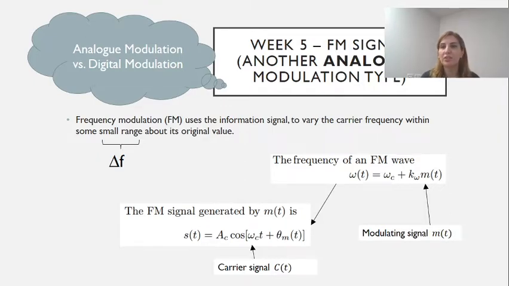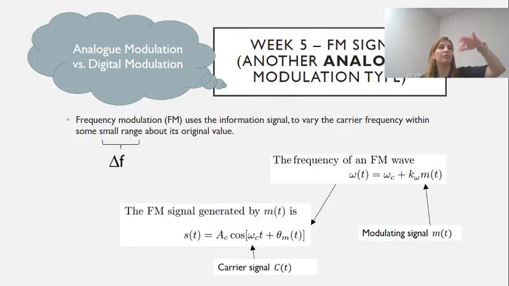Now, the definition of frequency modulation, FM, says that the information signal varies the carrier signal within a small range above the original value. So when we are looking at frequency modulation, we are going to change the frequency of the carrier signal. Remember, so far when we were looking at amplitude modulation, the amplitude of the carrier signal was being changed.